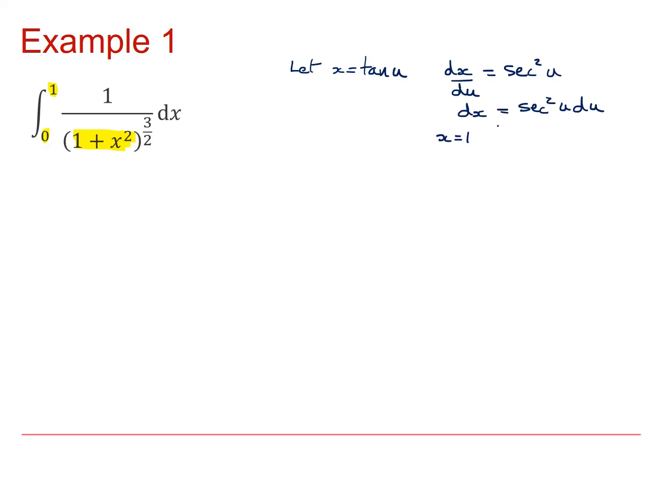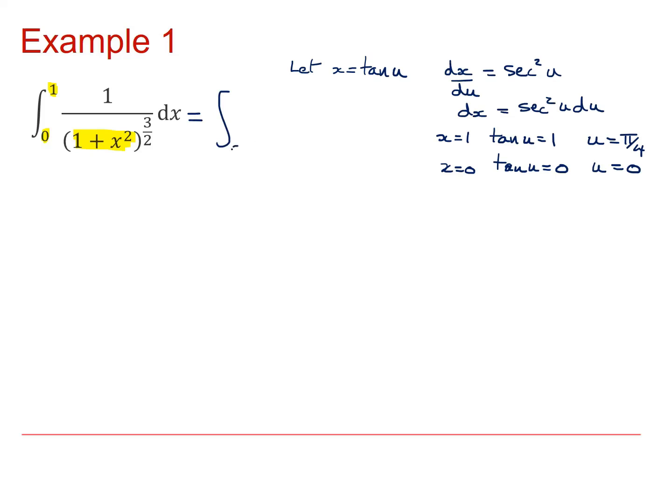If x is equal to 1, then tan u is equal to 1, and so u is pi by 4. And if x equals 0, tan u is equal to 0, so u is equal to 0. So now I've got everything I need to do the substitution.